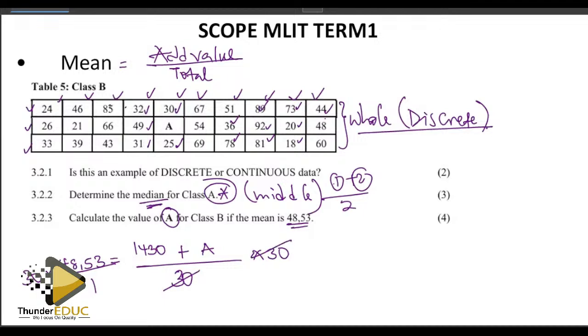Then when you multiply by 30 this side, you end up having 1,455.9 equals 1,430 plus A. So this jumps over there. And the answer becomes 25.9, which is approximately 26.